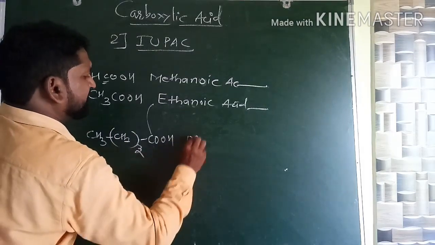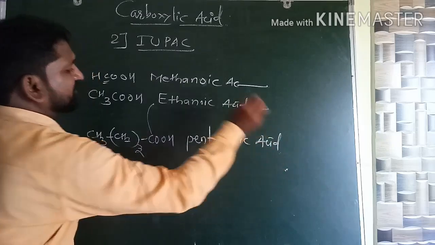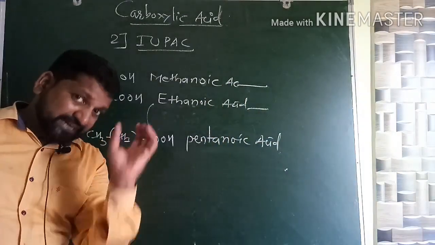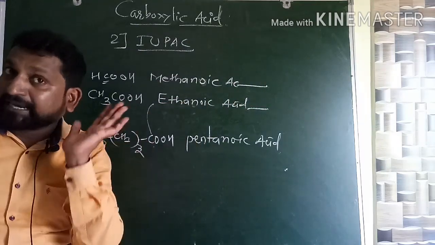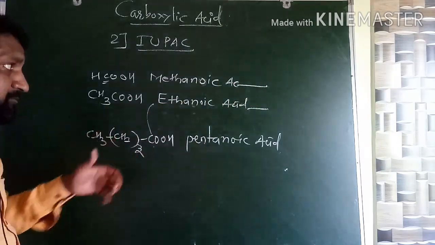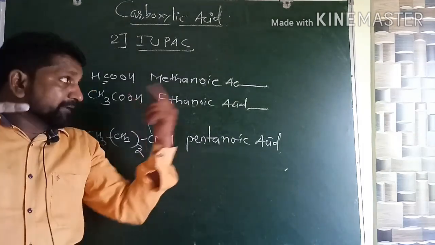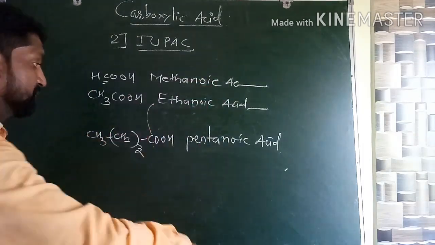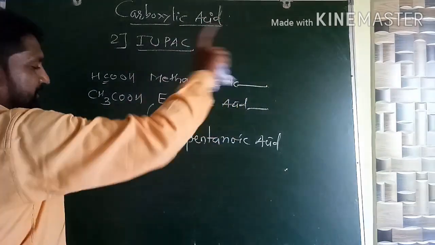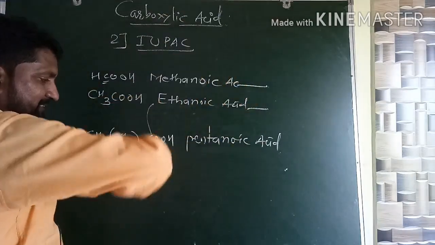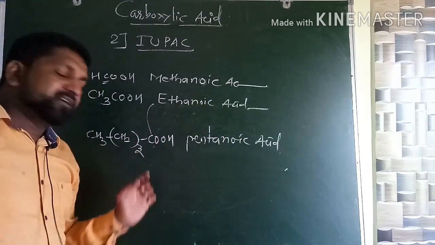It will be pentanoic acid. Whatever acid we are writing, all are monocarboxylic acids, because we know the classification of aliphatic carboxylic acid is dependent on the total number of carboxylic groups available in that molecule. So methanoic acid, ethanoic acid, propanoic acid, butanoic acid, pentanoic acid, hexanoic acid, heptanoic acid, octanoic acid, etc.